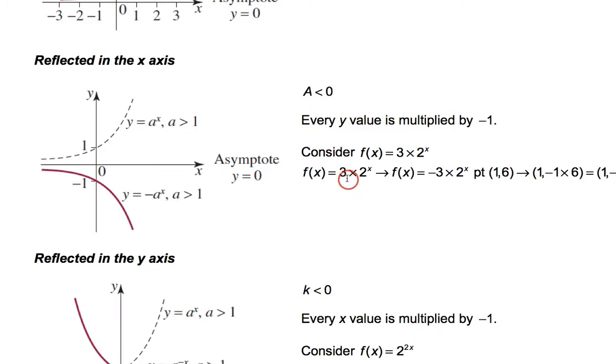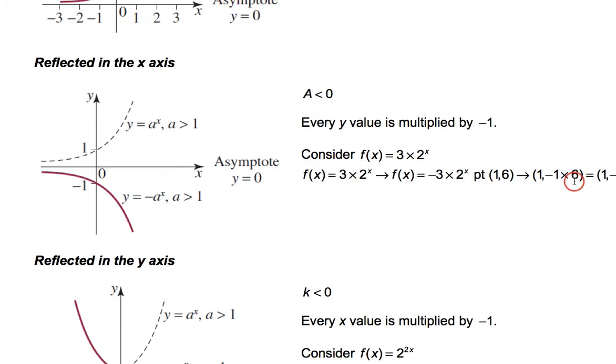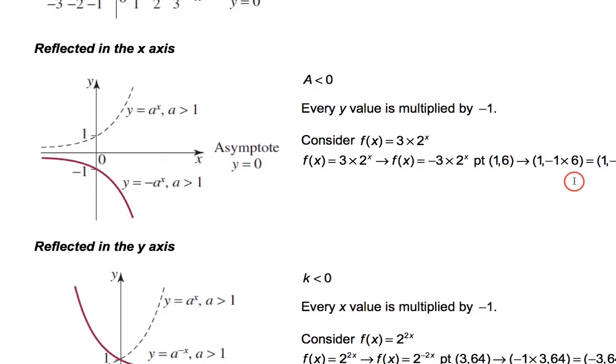So if we consider the curve f of x equaling 3 multiplied by 2 to the power of x, and that being reflected in the x-axis, then all that happens is that we're putting a negative out the front, and we're multiplying the y value by -1. So the point (1, 6) would now be transformed to the position (1, -1 times 6), which is (1, -6).